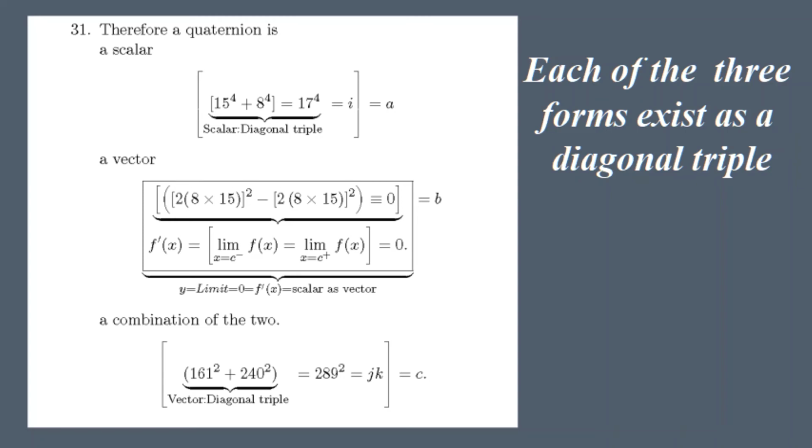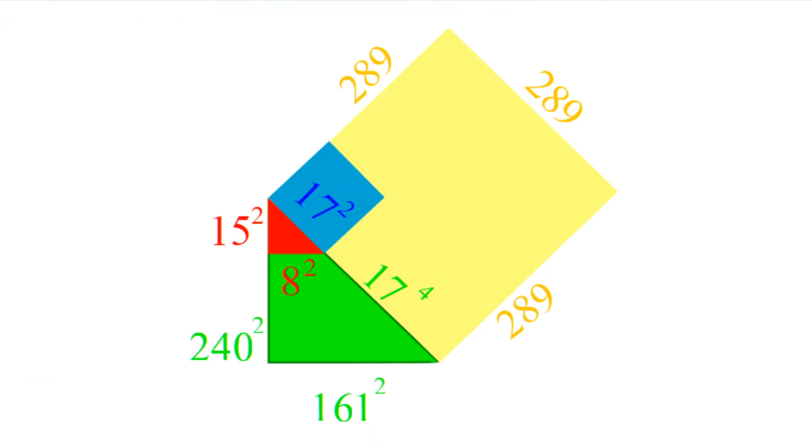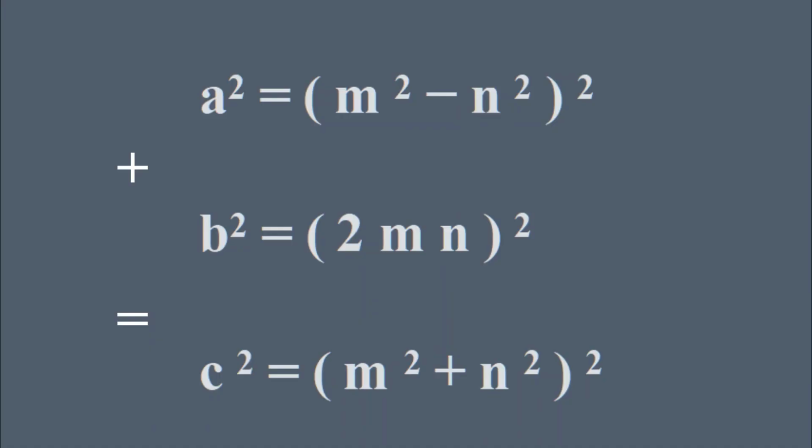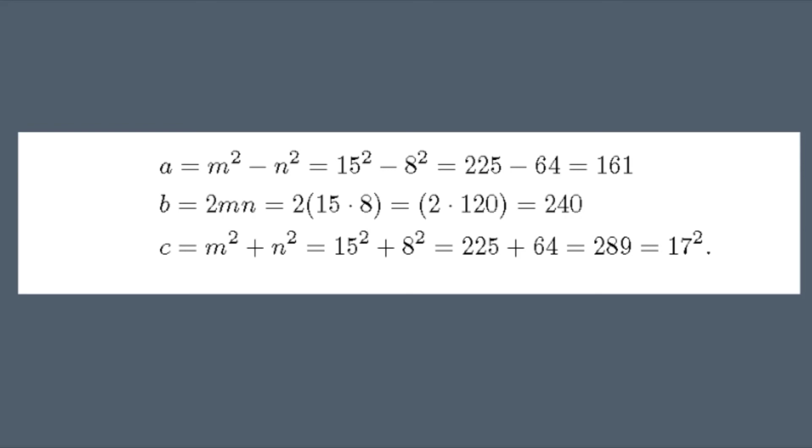Now, one of the immediate consequences of this examination is that Euclid's formula suddenly takes on a whole new meaning. It is much more expansive and fundamental than how it's been characterized in contemporary mathematics. Standard M and N tables are constructed by arbitrarily finding what values and pairings of some M and N will generate diagonal triples.